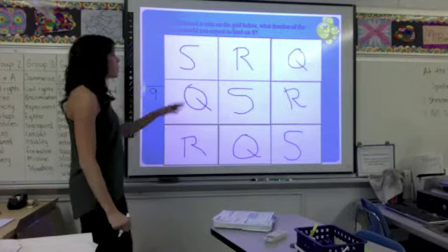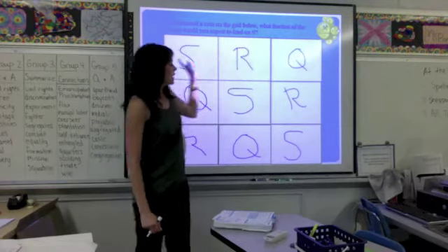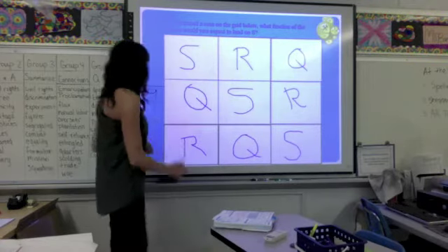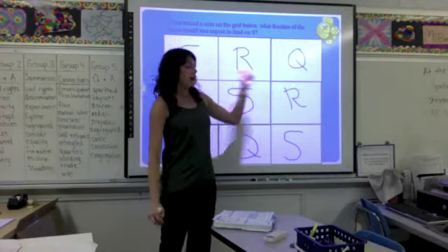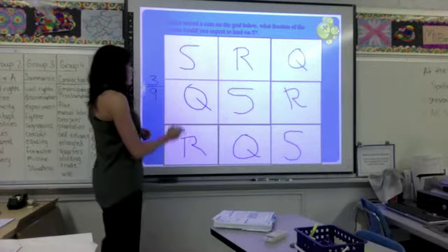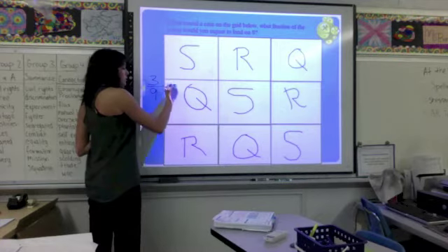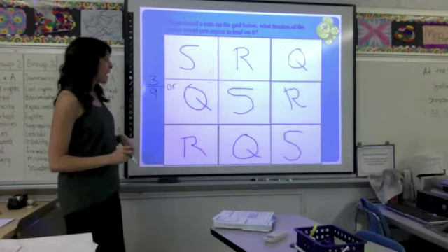Then we ask ourselves, well, how many of the 9 squares are an S? And there are 3 S's on our grid, so that would be 3 ninths. 3 out of 9 letters on our grid are S's. Another way that we can do this is that we can reduce our fraction. We can find an equivalent fraction for 3 ninths.